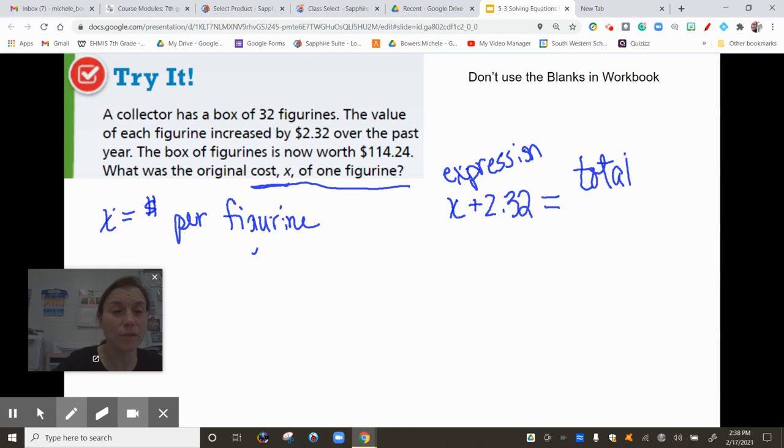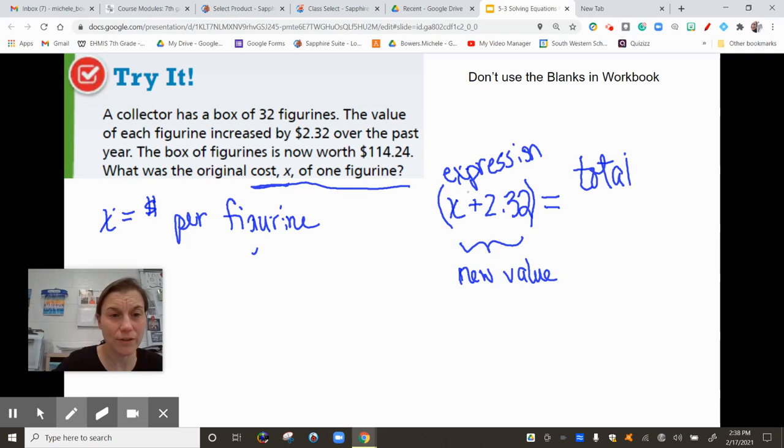That's for each figurine. Since there are 32 figurines, this right here represents the new value. It's the original value plus the increase that is the new value. So that means all 32 of them cost the same amount or have the same value.